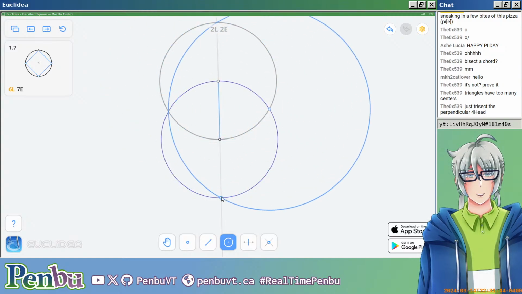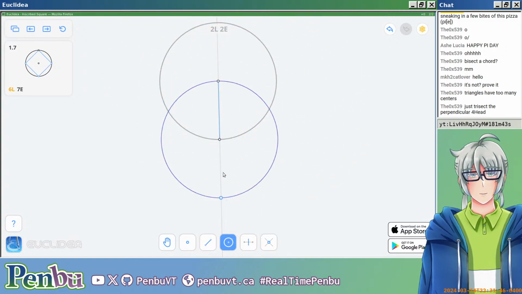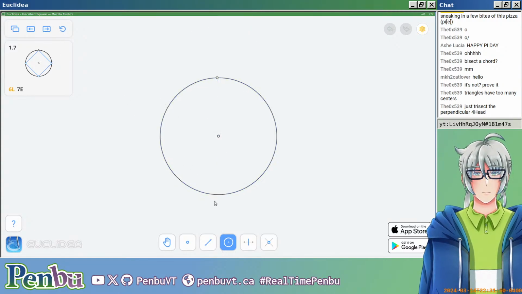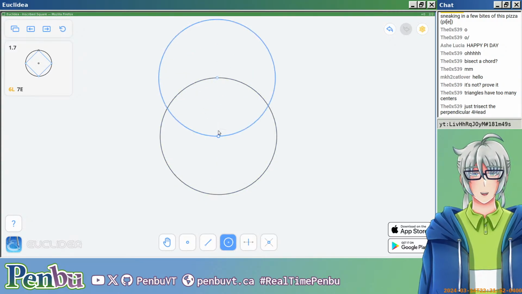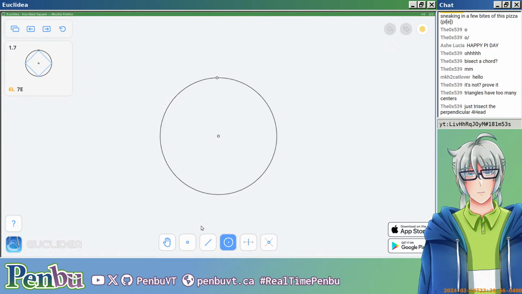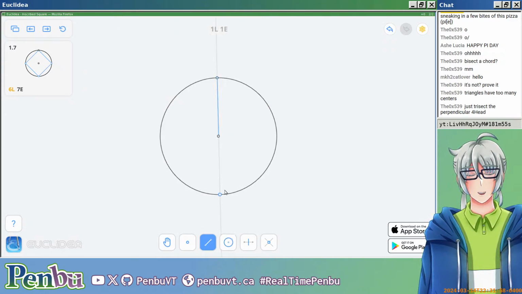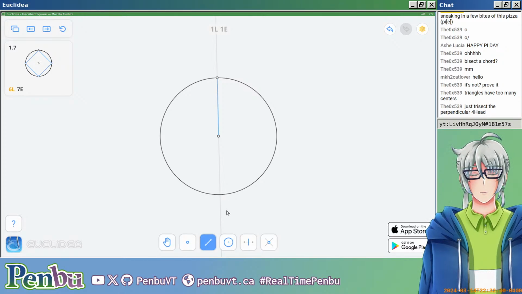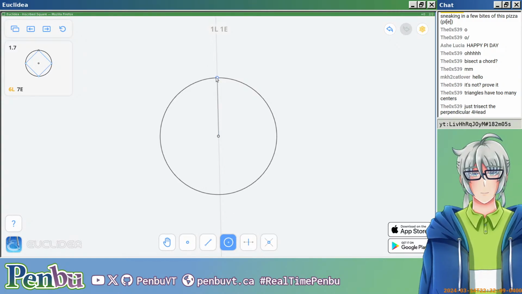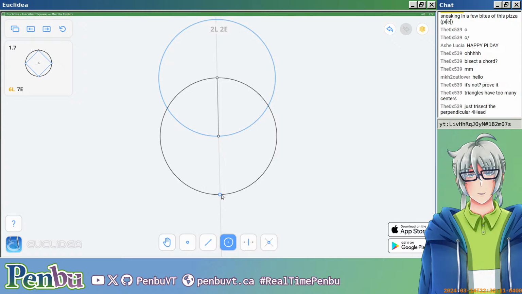I don't think these help us. So from here we can do one of 2 things. We can either draw a circle from there to there, or we draw a line from there to there. The line seems like it's possibly more useful. Possibly.